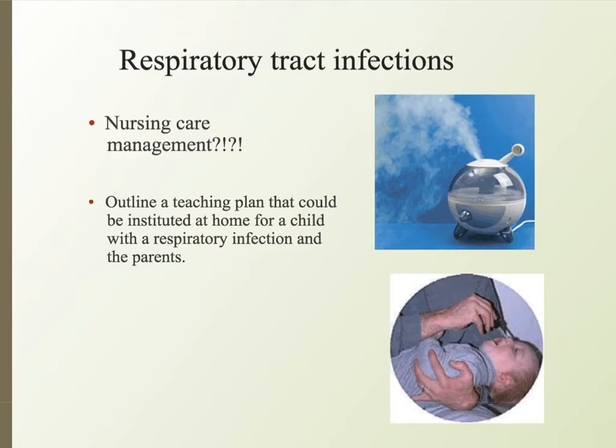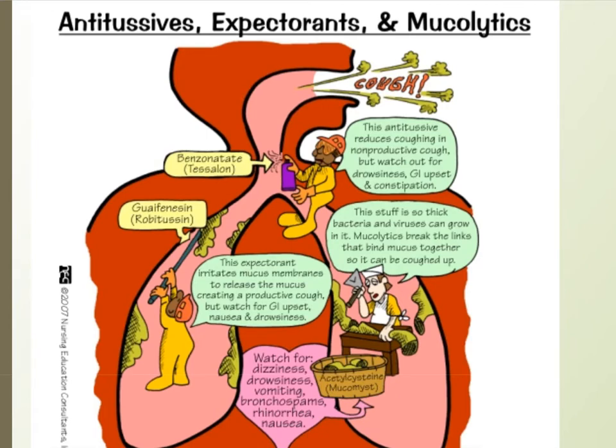Okay? The next slide is just talking about antitussives and expectorants. So antitussives, expectorants, and mucolytics are good, but we also have to remember that under the age of 5 or 6, they're not really recommending some of these over-the-counter medications.